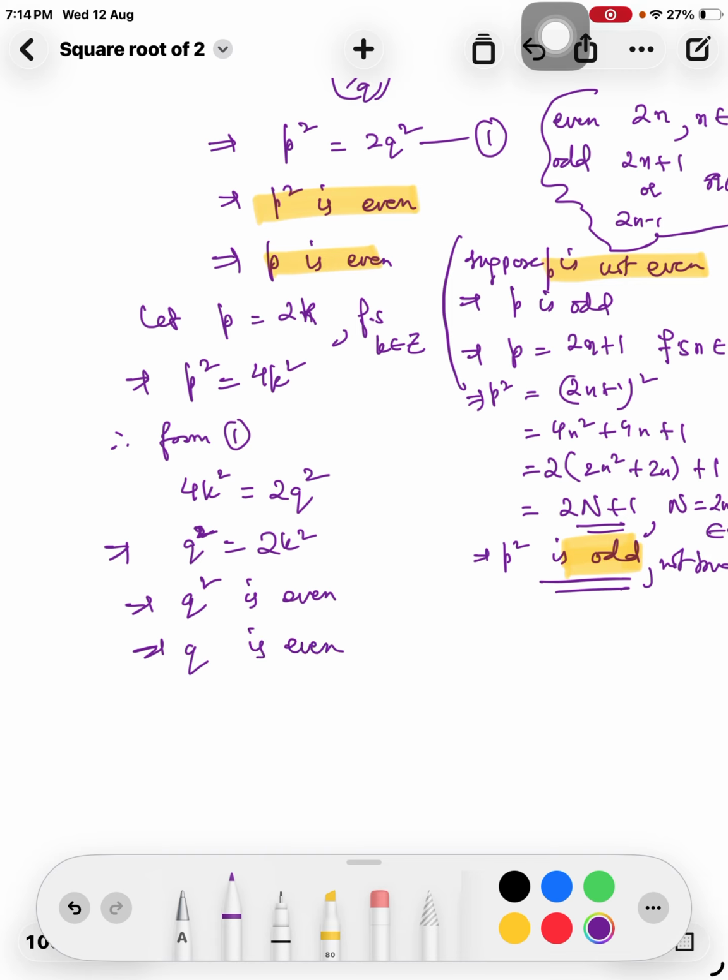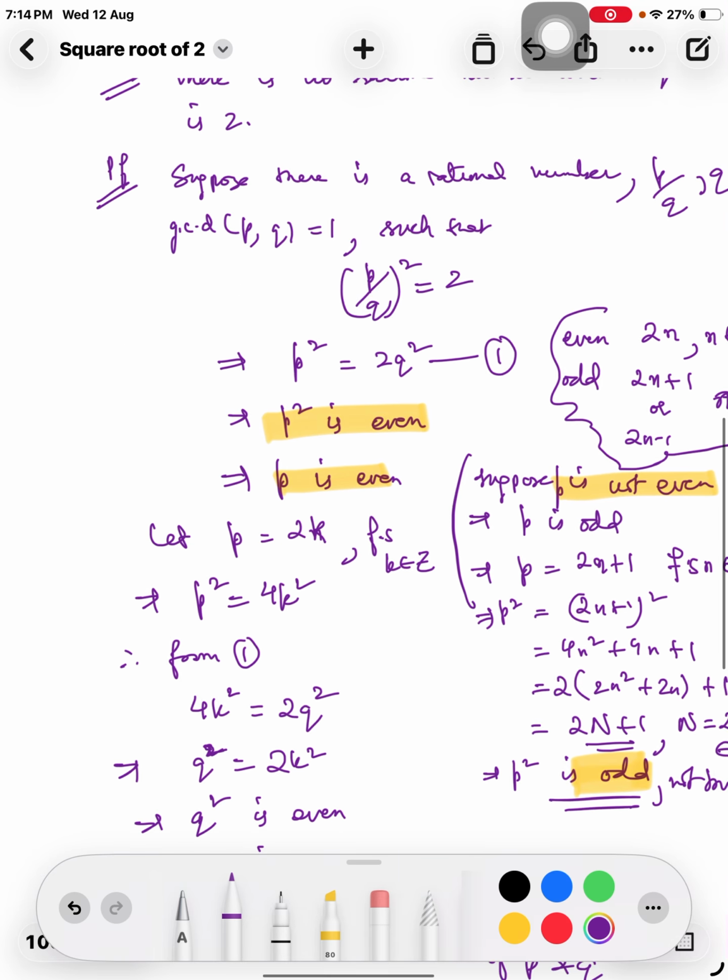And so if p and q are even, this gives us 2 is a common divisor of p and q. But see what we had assumed. We had assumed that the greatest common divisor of p and q is 1.